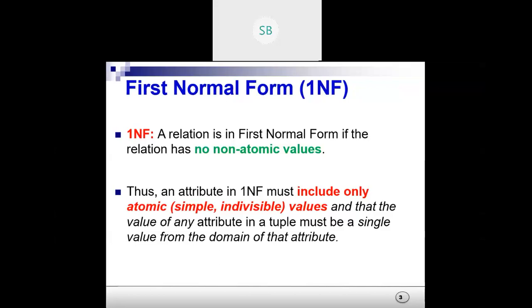Thus an attribute in 1NF, the first normal form, must include only atomic, simple, indivisible values. Atomic means indivisible; you cannot divide it further. The value of any attribute in a tuple must be a single value from the domain of that attribute.